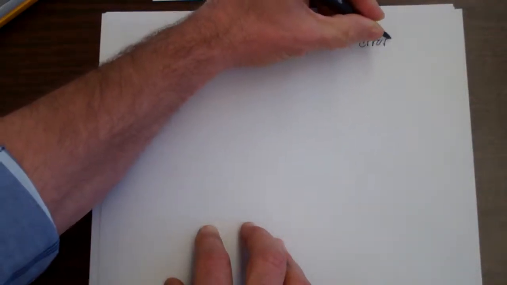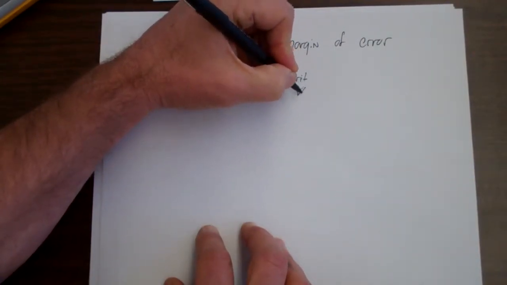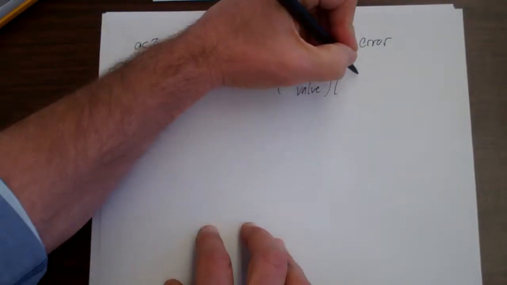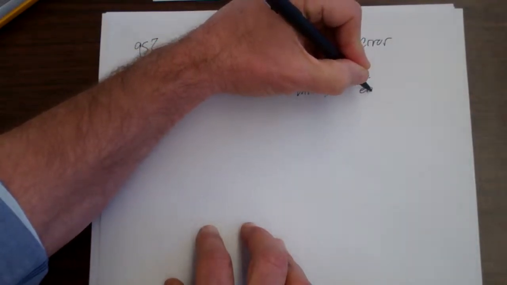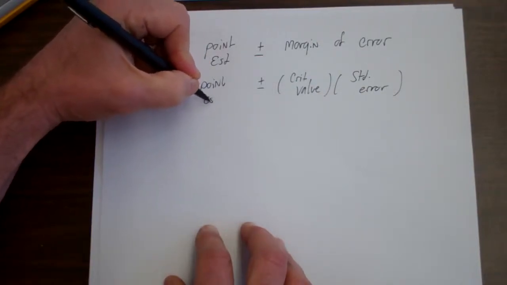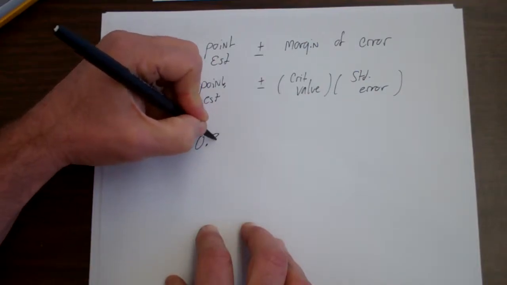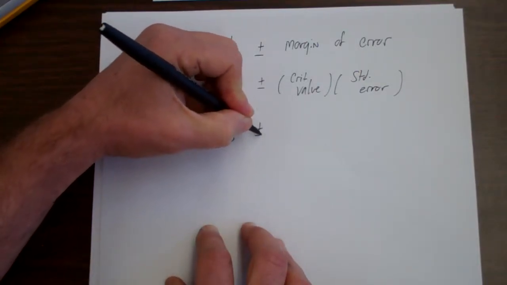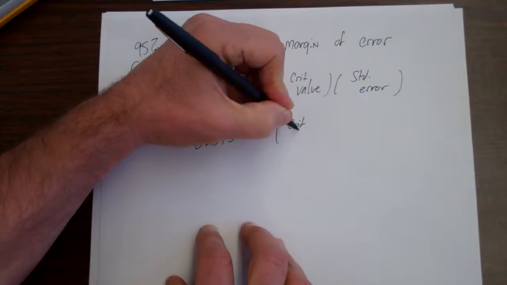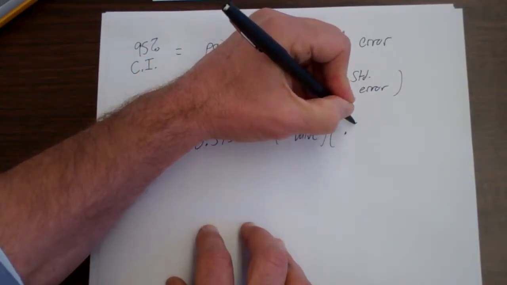Your margin of error is equal to the critical value times the standard error. So let's start plugging numbers in. The point estimate is 0.343. The critical value we're going to look up in a second, times the standard error, which is 0.08.